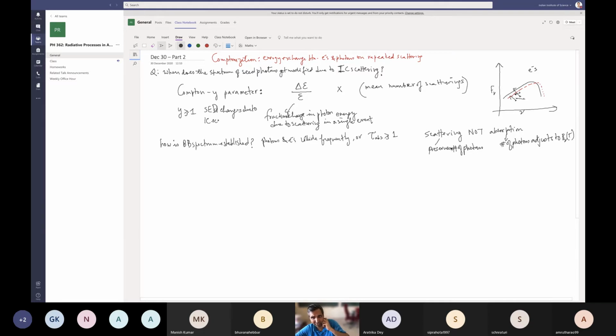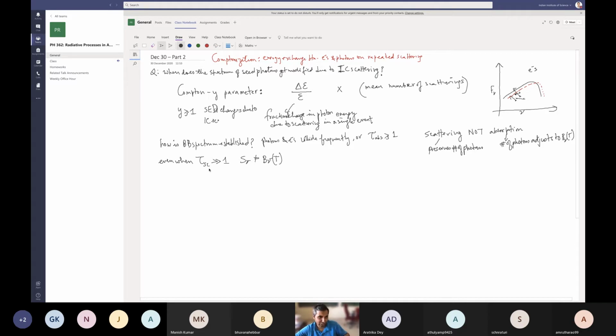So there is a fundamental difference. So even when tau scattering is much bigger than 1, your S nu is not equal to B nu, because this is not a thermal process, because a thermal process involves emission and absorption.